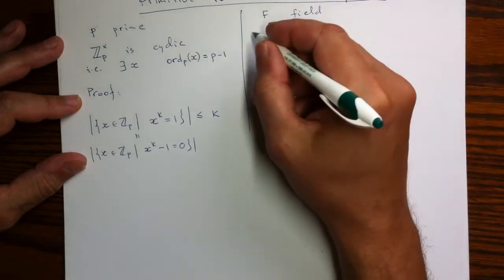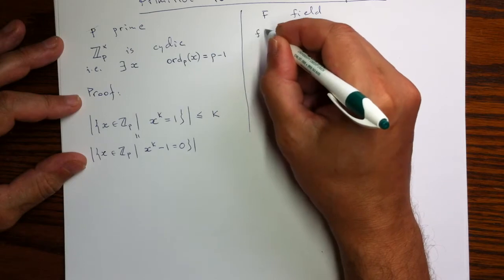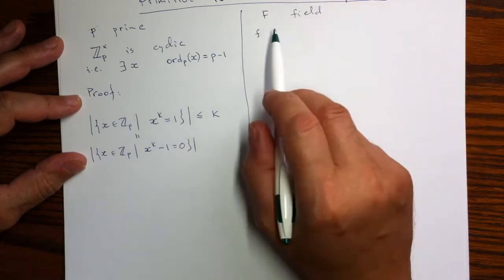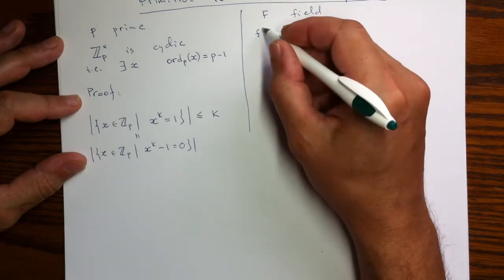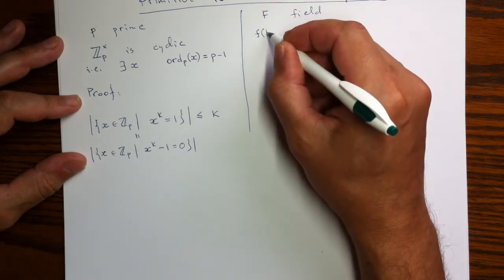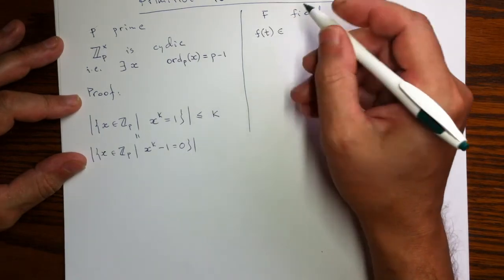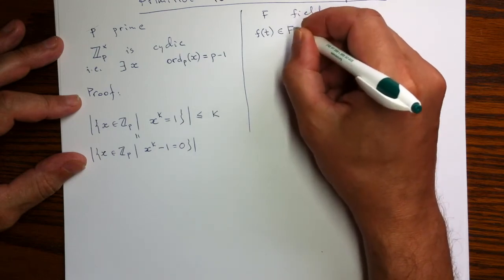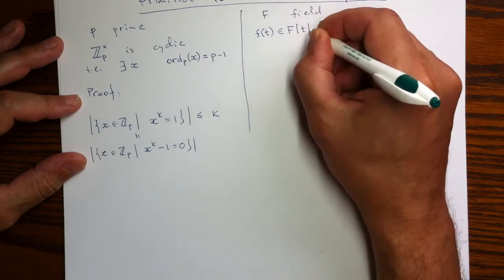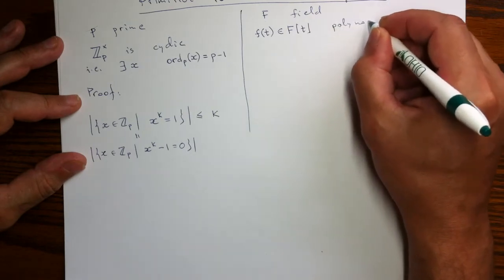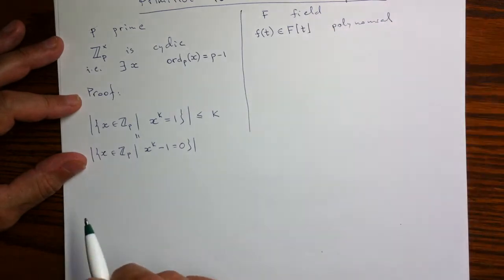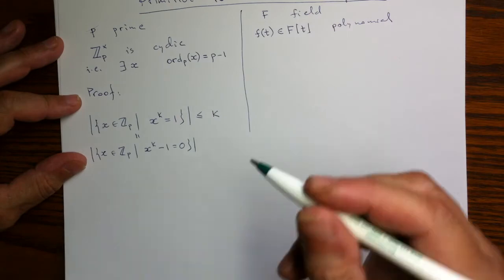What is a key property? What I'm using these conditions for the operations is that if I have any polynomial with coefficients in this field, then I can be sure that the number of roots of this polynomial will be bounded by the degree.